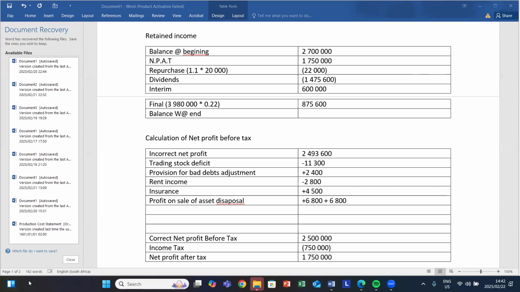And then we get your balance at the end, which amounts to, I get 2,952,000. Please confirm it also. It's the right figure.